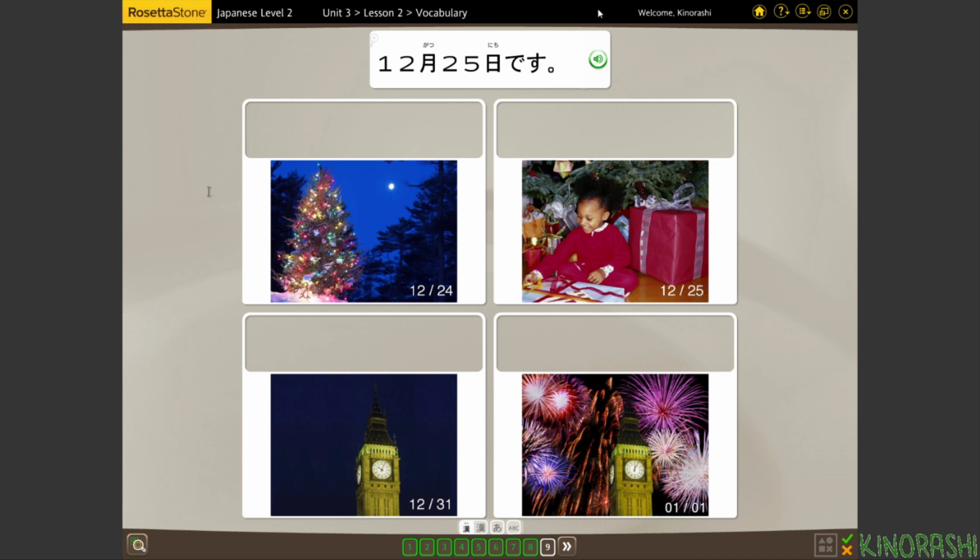Isshuukan is just how you say a single week. Week.